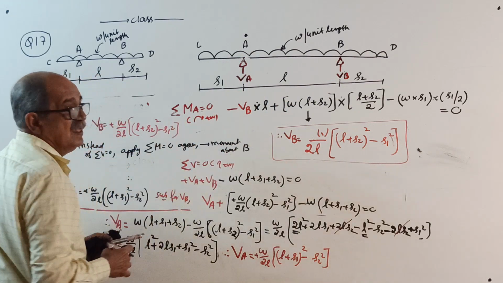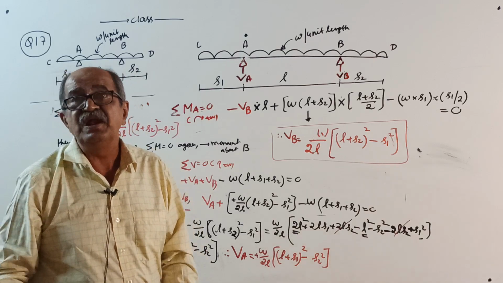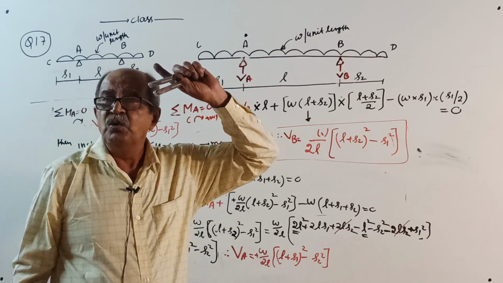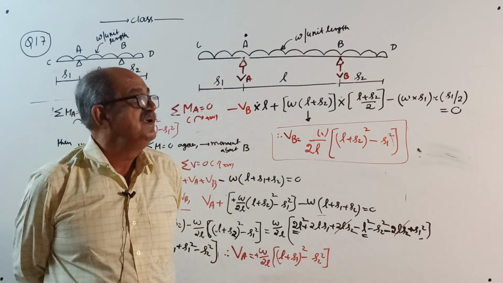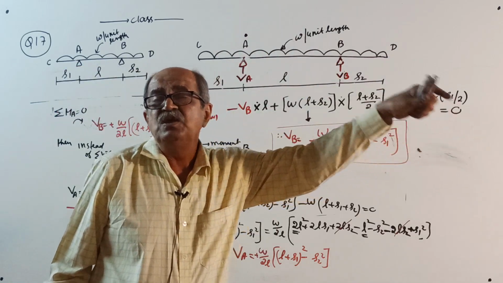B. Now, this is a very interesting and delicate concept. I already uploaded a class earlier, the brain teaser problem. Take moment about A, you get VB. Take moment about B, you get VA.